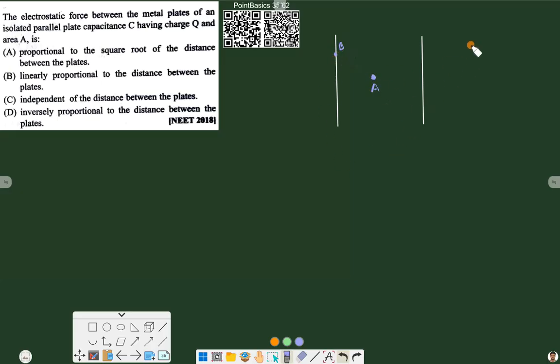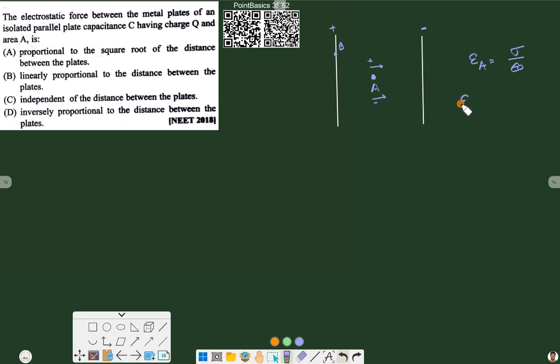The electric field at point A is given by sigma by epsilon naught, because this point has two contributions. Suppose this is the positive plate and this is the negative plate. So this point has a contribution from the positive plate and the negative plate also. For the negative plate, the electric field will be going towards it, and from the positive plate, the electric field will be going away from it. So at this point there will be two contributions to the electric field.